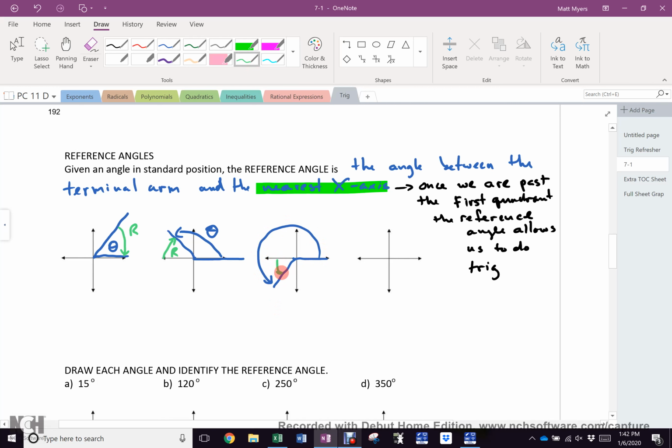Right there, from the nearest x-axis. Everybody cool? Okay. And fourth quadrant. All the way around. And where's the reference angle? Ooh, it's Pac-Man. There's the reference angle. Or a hungry alligator.